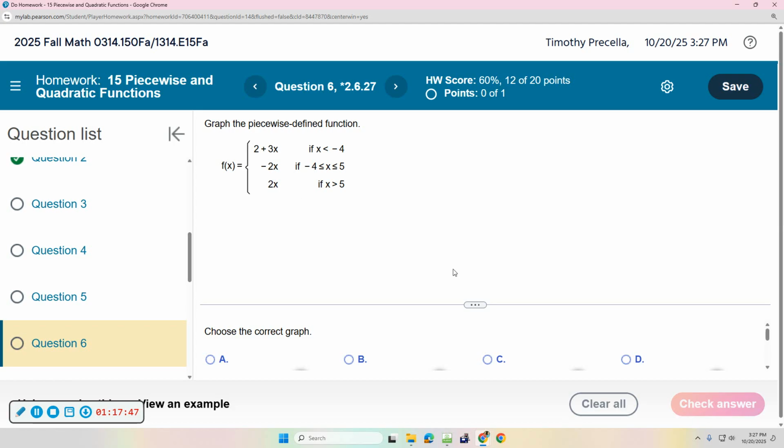And I'll use red for the middle part, -2x, if x is between -4 and +5, including -4 and +5. And the last one, I'll use blue, 2x for x values greater than +5.